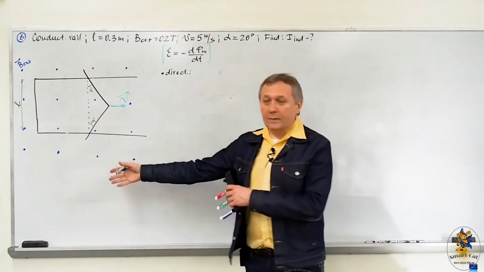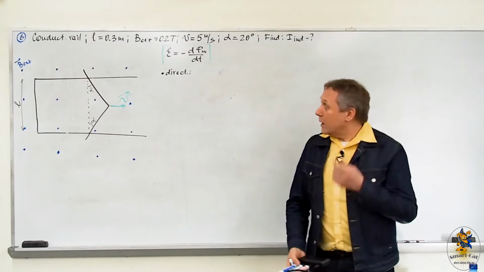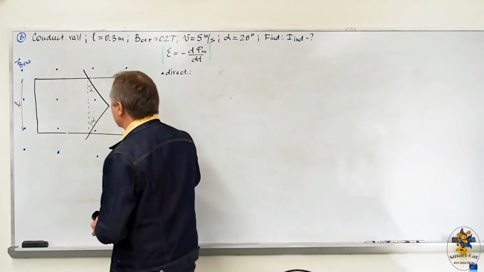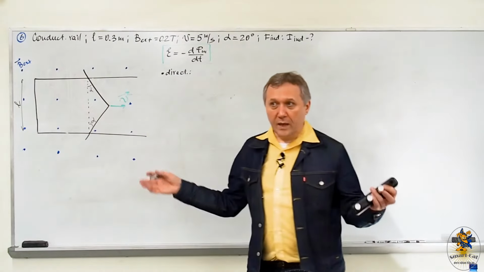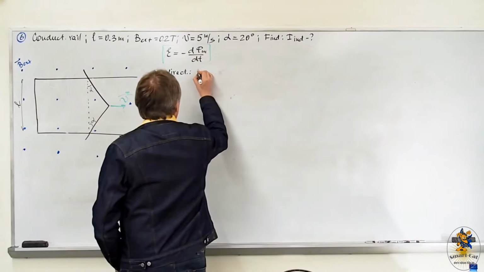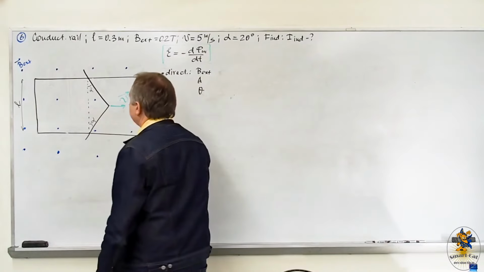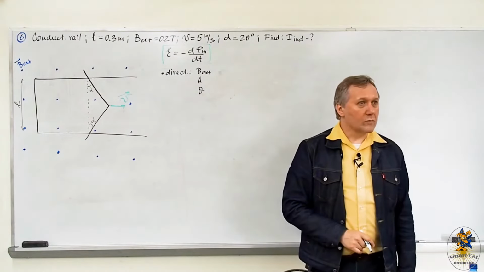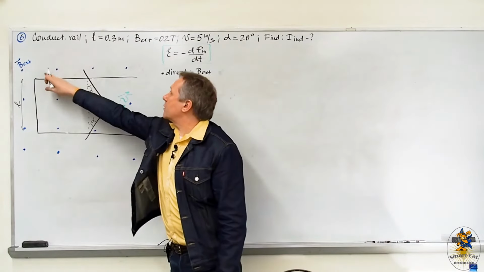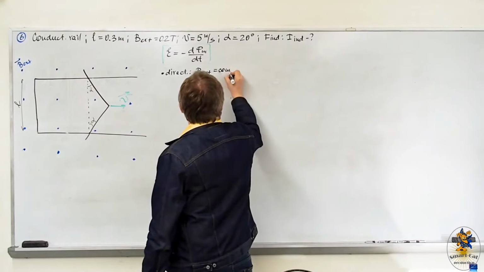We need to repeat the steps which I just erased. We need to find what happens to the flux, so we need to look at what happens to B, A and theta. B external: the magnetic field through the loop is uniform, so it is constant.